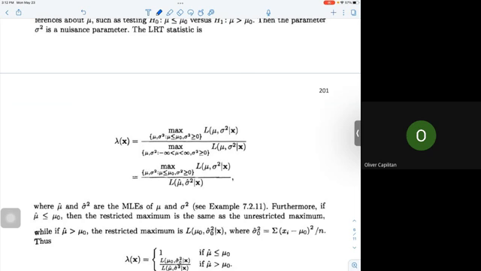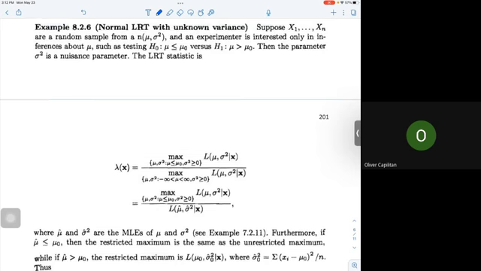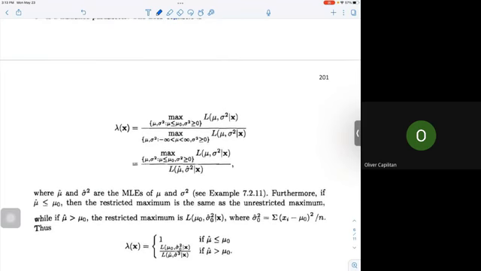Ginamit natin yung maximum when we consider this given set, no? The set of mu and sigma square such that naka-embed dito yung ating parameter space. Yung mu here is less than or equal to mu sub 0. So the set of all mu, sigma square, on the condition that mu is less than or equal to mu sub 0.